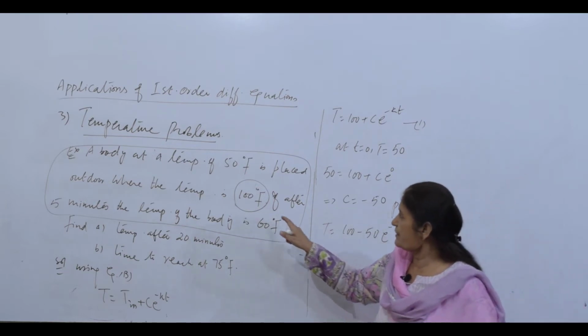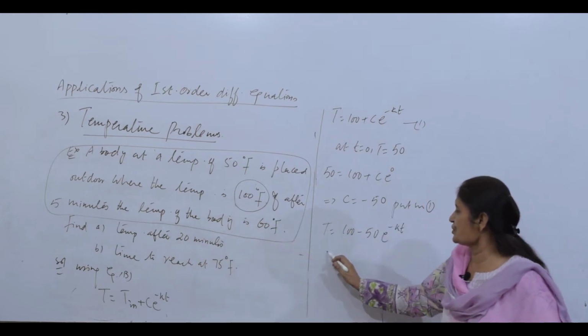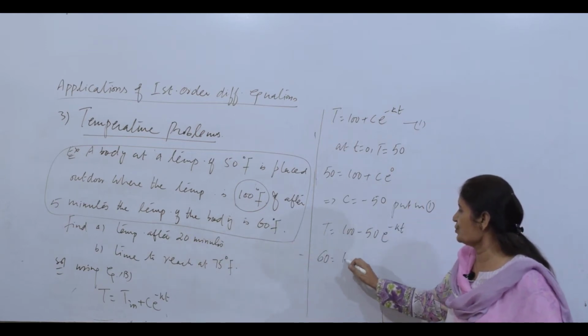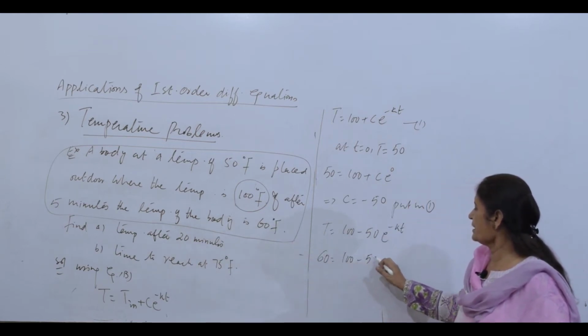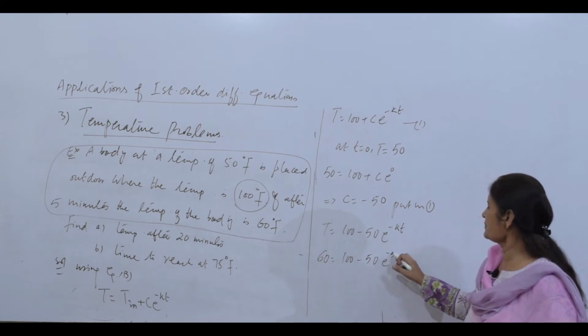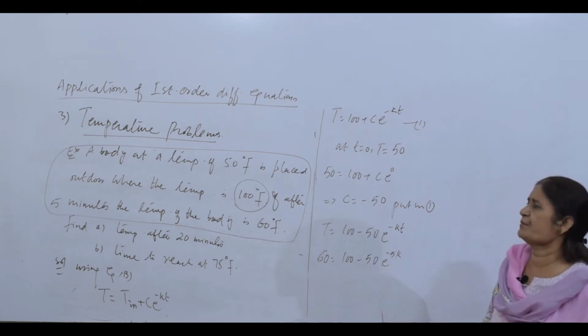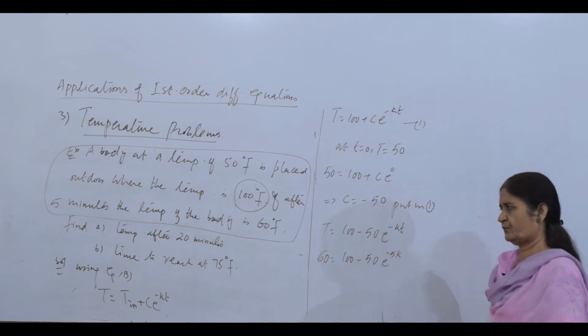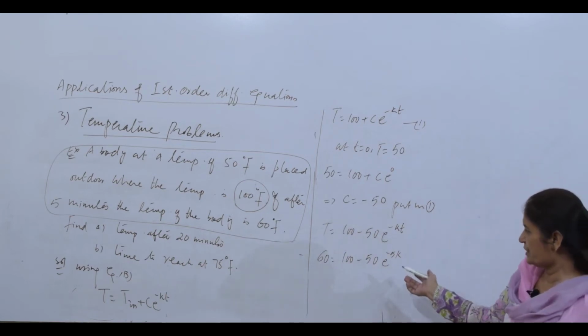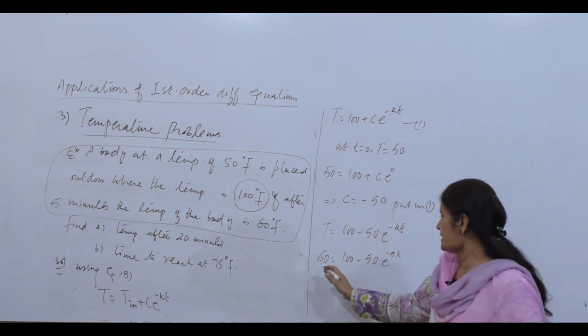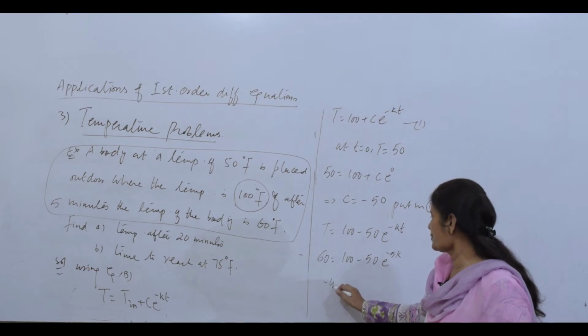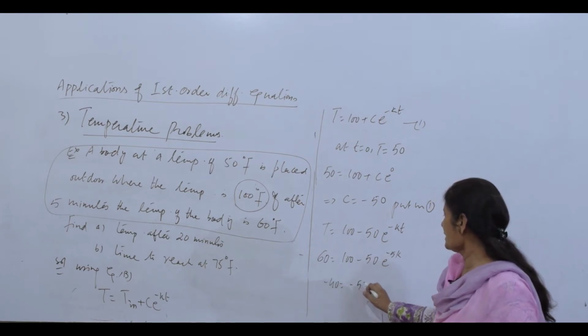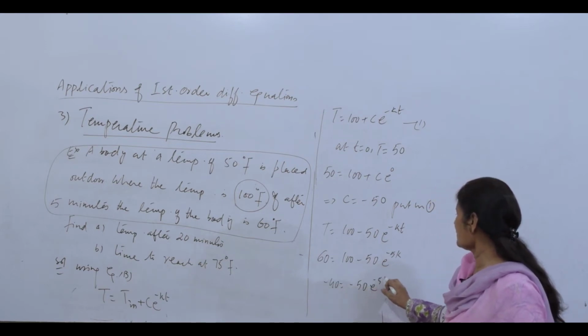Now after 5 minutes the temperature is 60 degrees. 60 degrees is equal to 100 minus 50 e to the minus 5K. t is 5 minutes. Let us solve for K. 60 minus 100, minus 40, is equal to minus 50 e to the minus 5K.